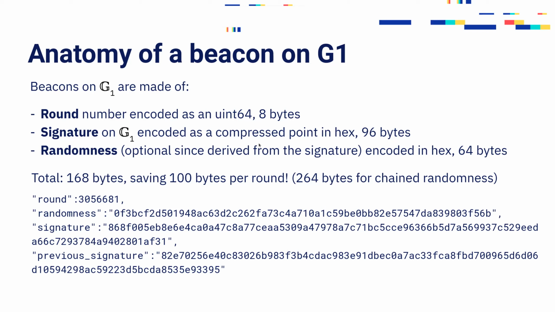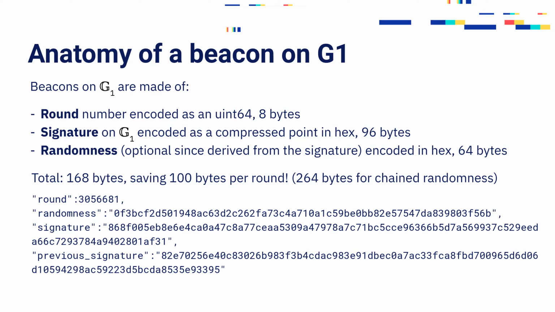The signature, this time, is much smaller. It's half the size of the signatures on G2. And the randomness, again, is just the hash of the signature. So we could not send it and people could compute it if they wanted to, or if you need to do something fancy with the random beacons, you could also do your own derivation out of the signatures we're providing.